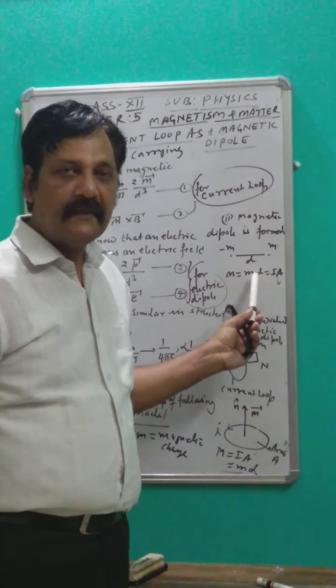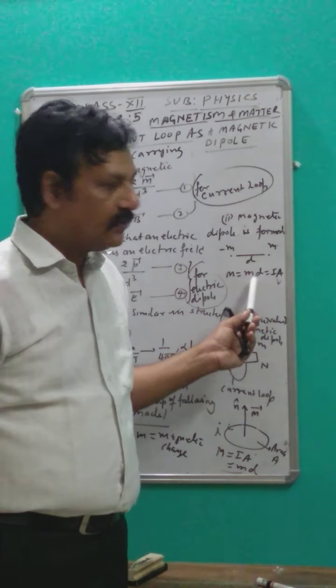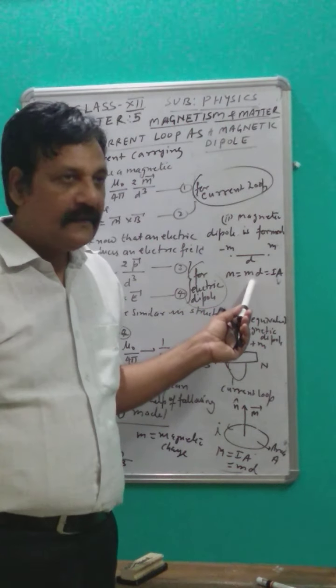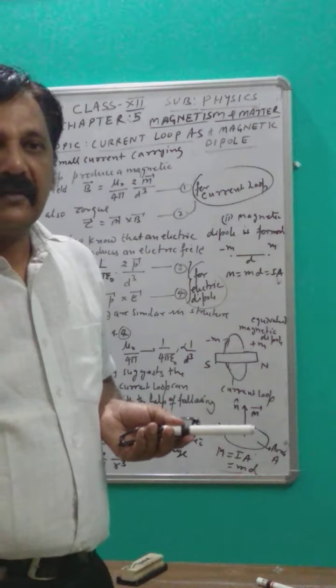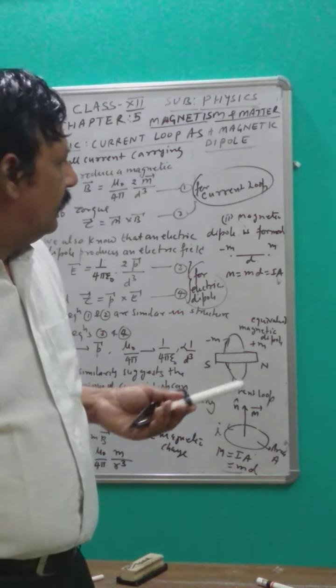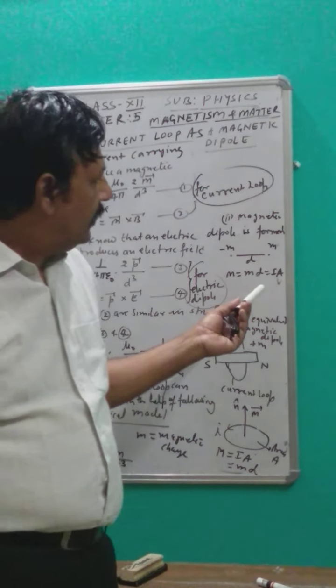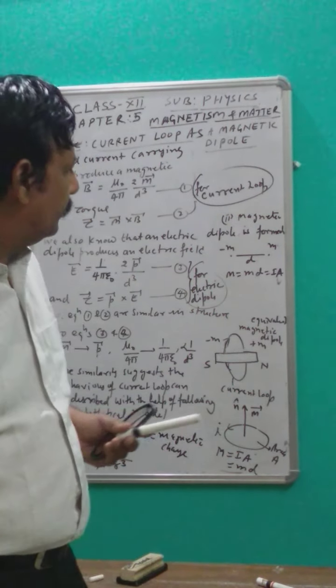Here m is the pole strength, d is the distance between the two magnetic charges, the magnetic length. The product of pole strength and magnetic length is known as the magnetic dipole moment, which is equal to I into A, the magnetic dipole moment associated with the current loop.